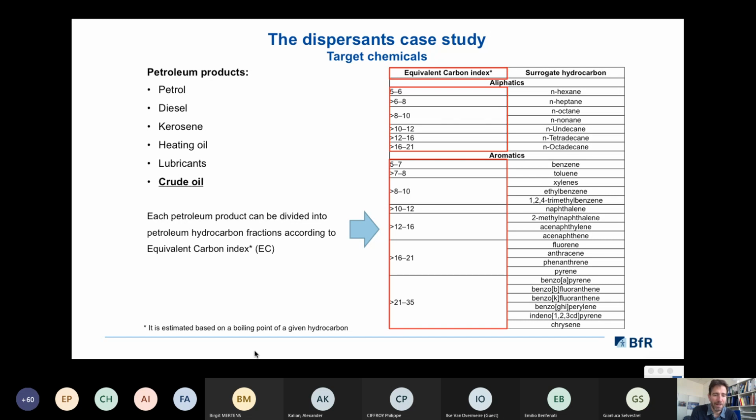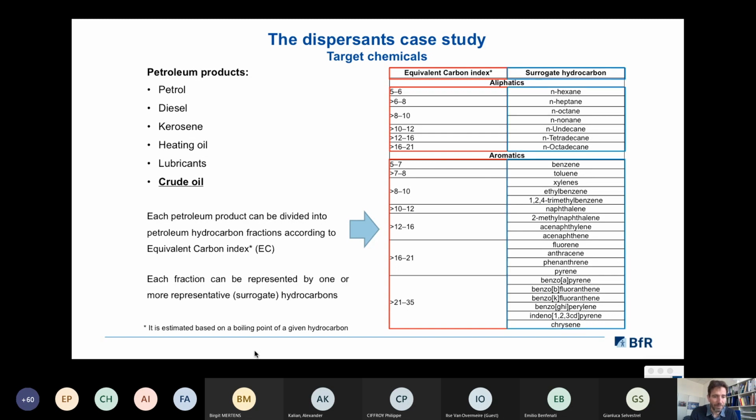So what we did here is some kind of simplified list of hydrocarbons, which are typically components in oil. And so we have some pseudo compounds, which were then used for the modeling. And then in the end, you can simulate all the compounds, or just look at one specific, maybe especially toxic compound for certain species groups.